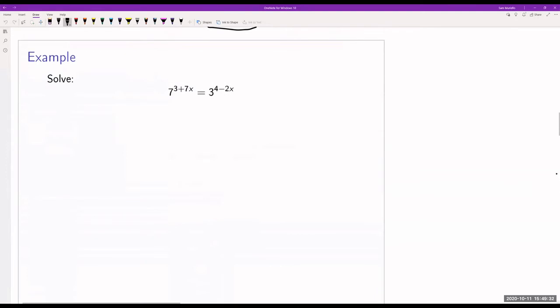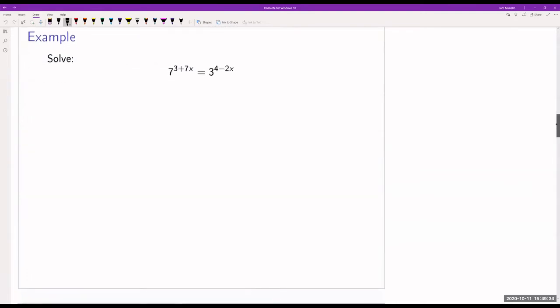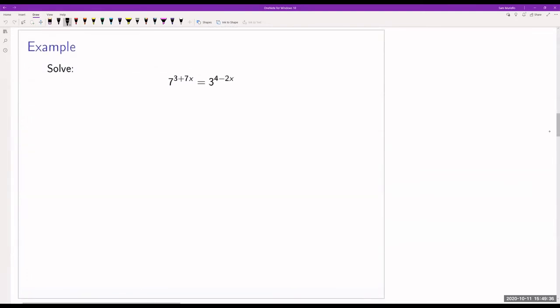This time, the issue is that I do not have an obvious base that I'm supposed to use here, because 7 and 3 aren't as closely related as 3 and 81 were. In this case, what you're going to do is you're going to just use any log that you want. Our numbers will have to be evaluated using our calculator, and that's okay. So let's just do an ln on both sides, because that's something that will be easier to plug in our calculator, and we will never need a change of base.